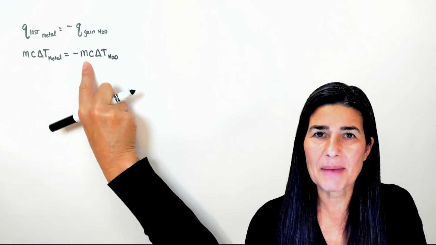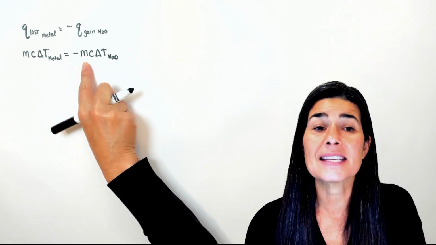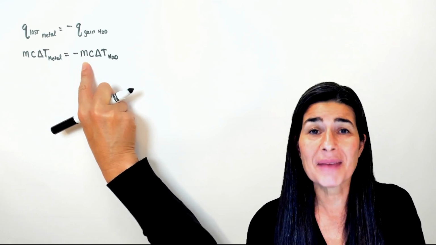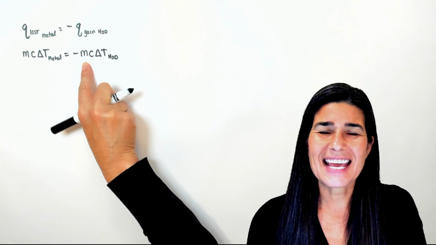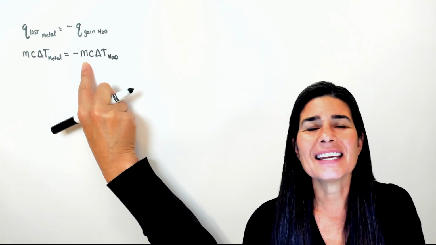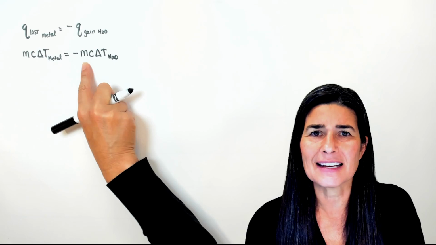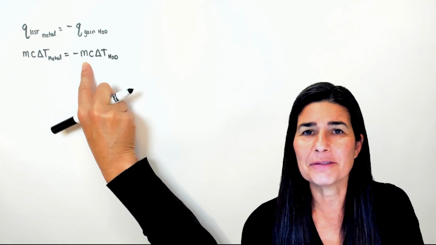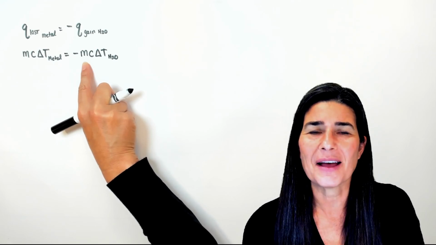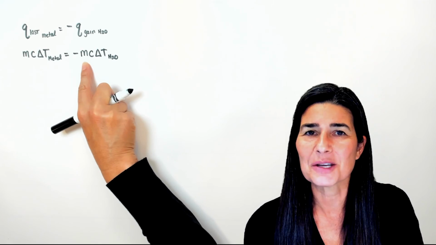We don't have the mass of the water. All we have is the volume, 100 mL. But they gave us a density. We can easily change 100 mL into grams using the density. It's a gram for every mL. So if we have 100 mL, we have 100 grams.